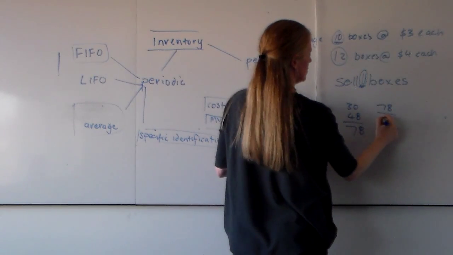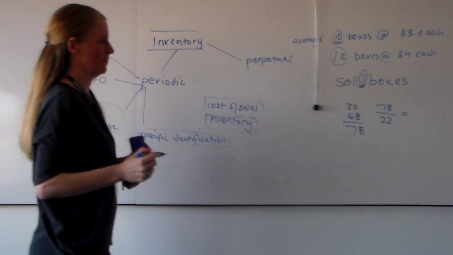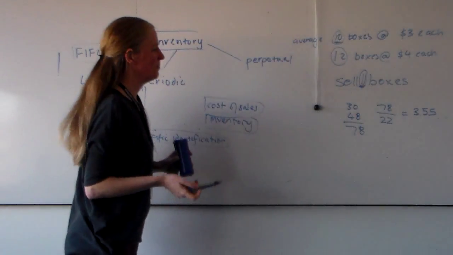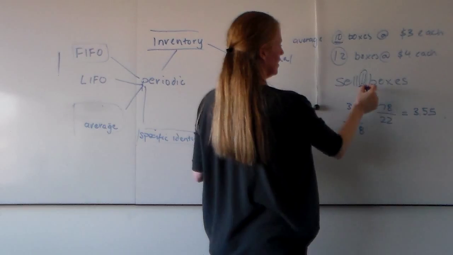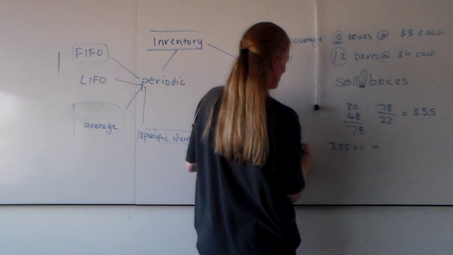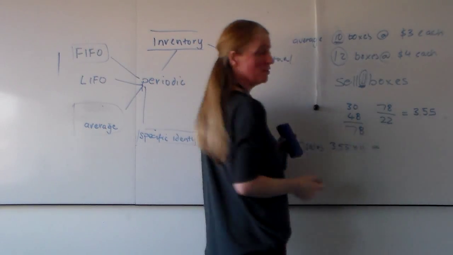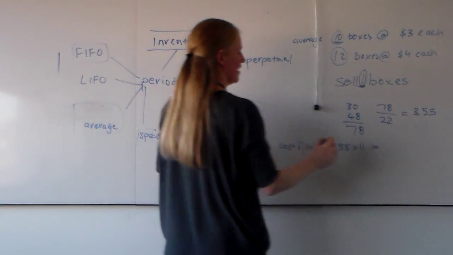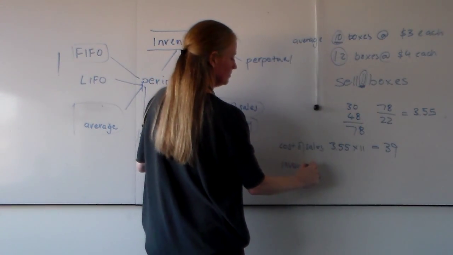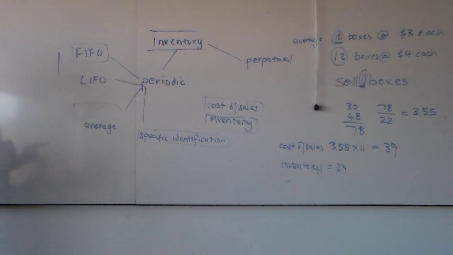We have 22. So therefore the average cost was 3.55. So if we sell 11 boxes, it's going to be 3.55 times 11, and that's going to be our cost of sales. So whatever the answer is, 39. And in this case, our closing inventory will be the same, won't it? You agree? Okay.